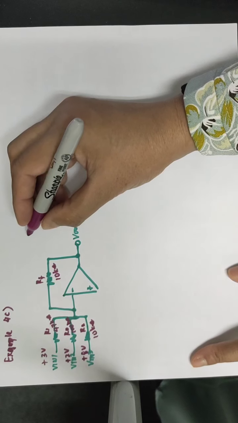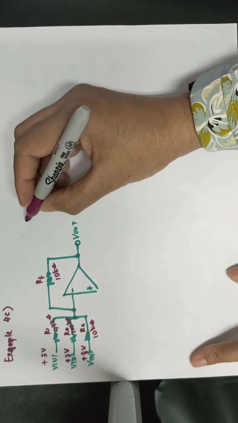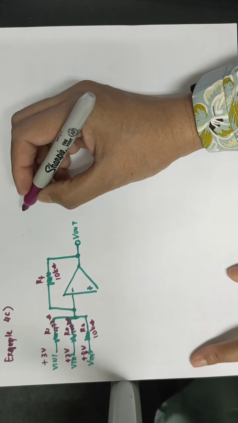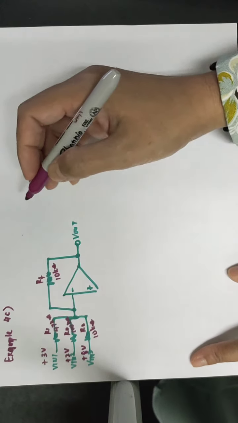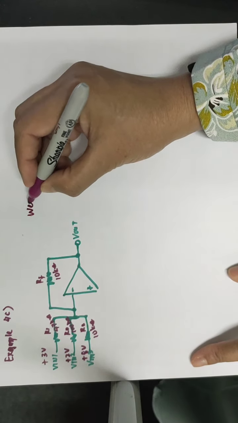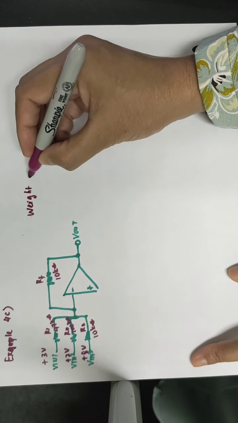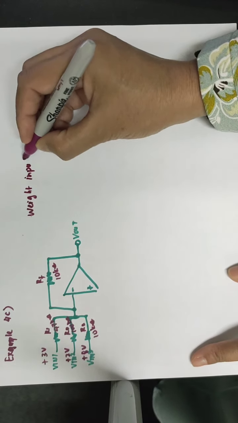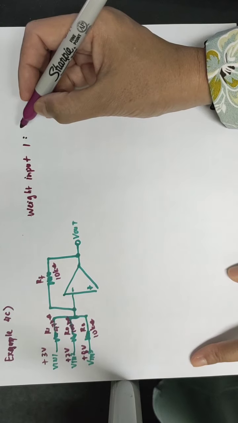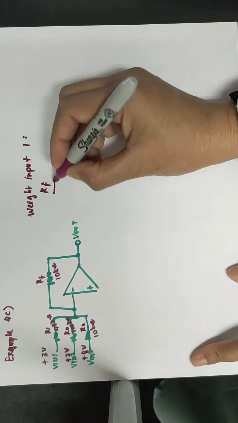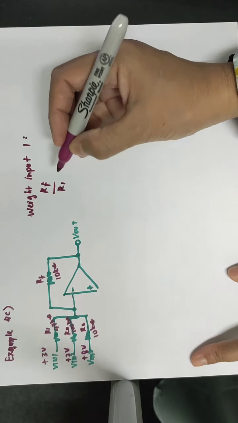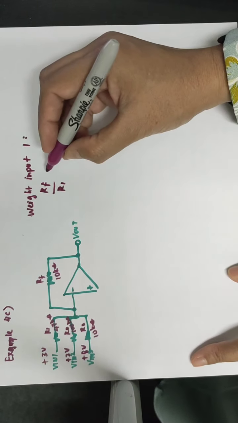Let's say the weight of input 1 is RF over R1. This is the weight.